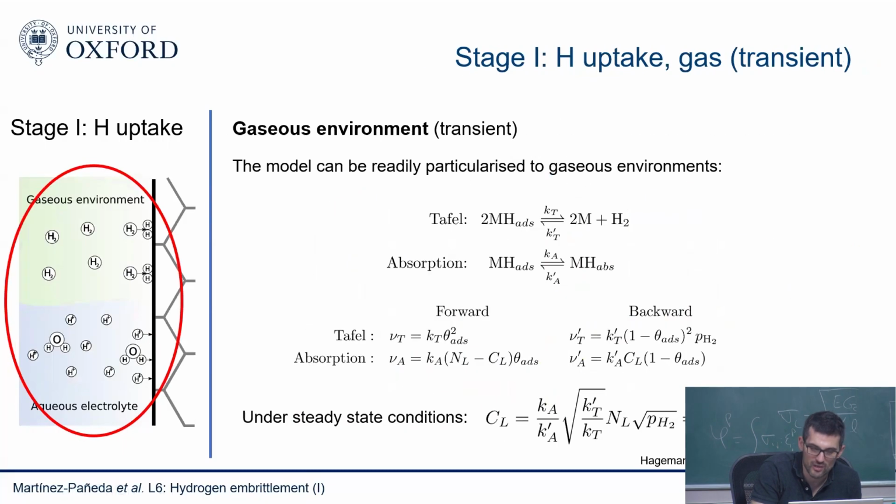And the last thing I want to say about uptake, that I didn't have time to say yesterday, is that this kind of electrochemical model can also be particularized for the gaseous case for the transient problem. In that case, you can think of only having a Tafel and an absorption reaction, and then you have forward and backward Tafel reactions depending on reaction rates. If you particularize this model to steady state, you end up with something like this, which is basically the solubility of your material.